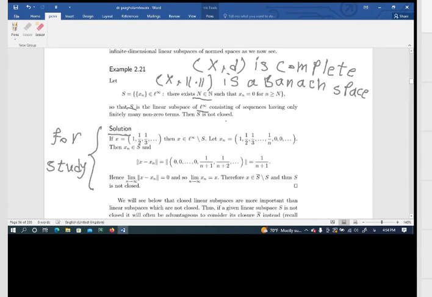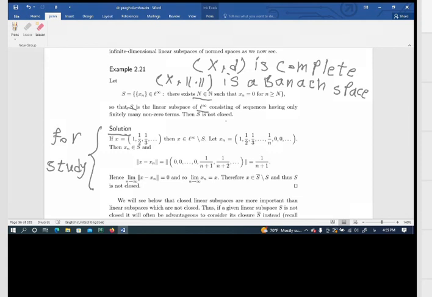This is a subspace of l infinity that is not closed, so it's not Banach. I made a mistake, sorry. For proving that it's not closed, we should find a sequence in S that converges to a member that is not in S.